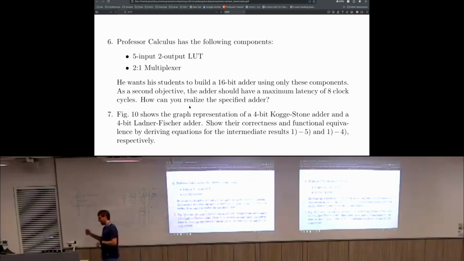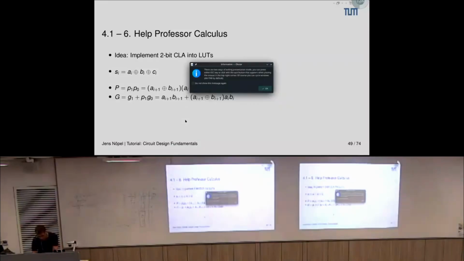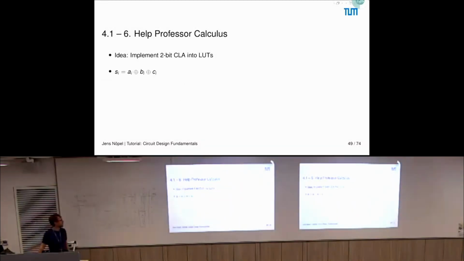From the last question, we know that if we have this 2-bit CLA and plug it into a serial adder, we come up with an 8 clock cycle delay. So why not take this one to implement the 16-bit adder using just 5-input, 2-output lookup tables and 2-to-1 multiplexers? This is the idea that we are following.